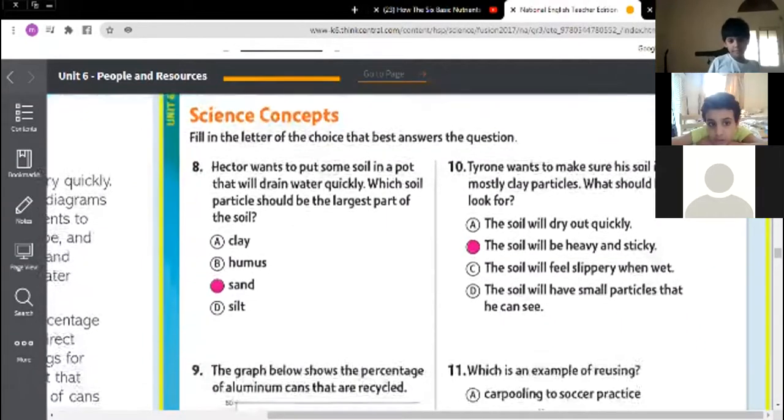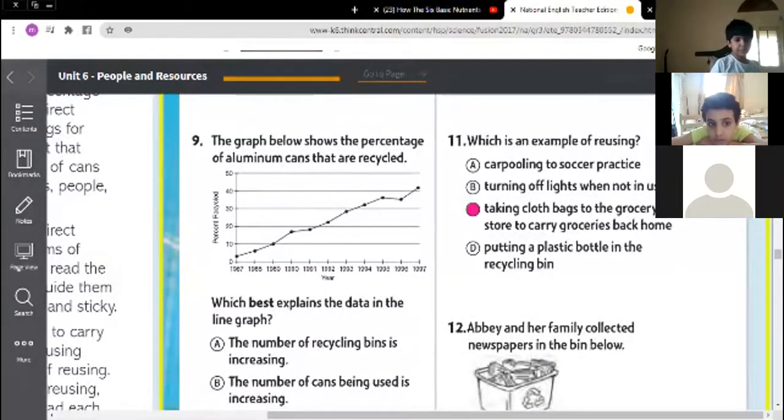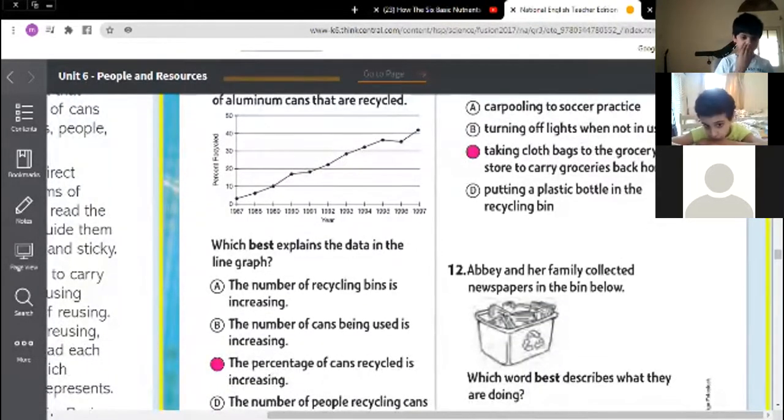We read 10 and 9. Now read 11, please. But teacher, what is number 9? Number 9 is C. Of course, you write the answer.